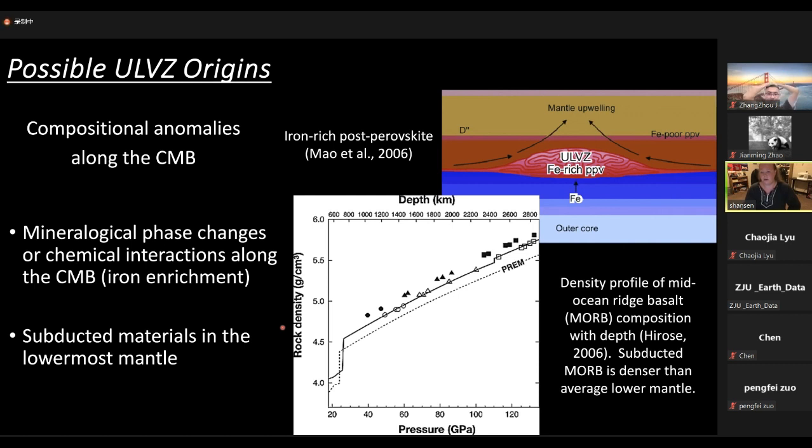So the takeaway here is that subducted MORB in deep mantle conditions is actually denser than the surrounding background mantle. I'll also note, though that's not shown in the image, that MORB is also thought to have a lower solidus melting temperature near the core-mantle boundary than the temperature conditions that are expected in those locations.